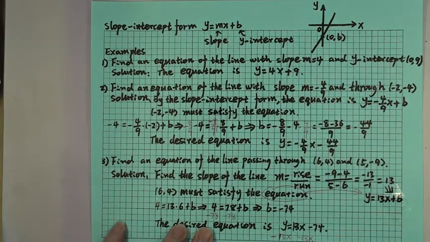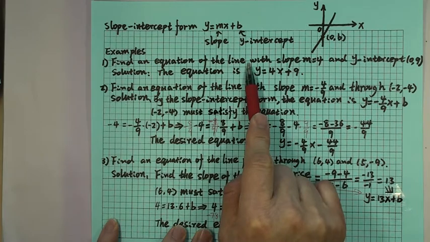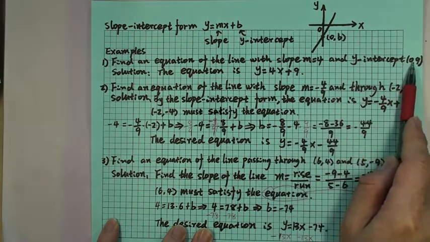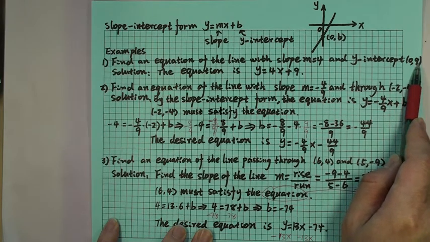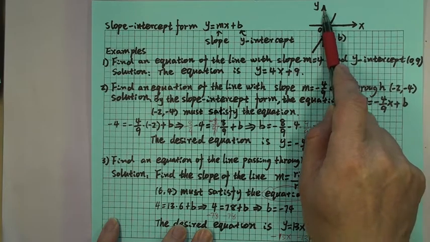Now, let's look at example 1. Find an equation of the line with slope 4 and y-intercept 0, 9. So in this case, 0, 9 is actually up above.